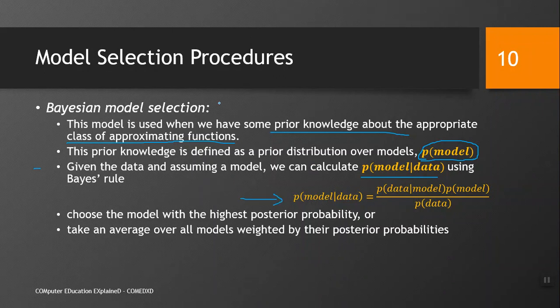We are not going into the details of Bayesian selection criteria, we are just having an overview of it. We choose the model with the highest posterior probability, or take an average over all models weighted by their posterior probabilities. It means that either we can use the maximum posterior or we can take the average and then use it.